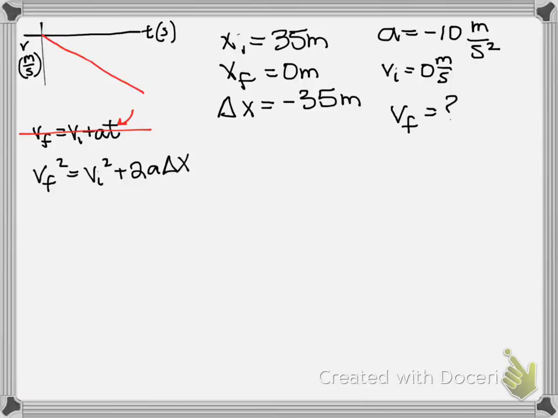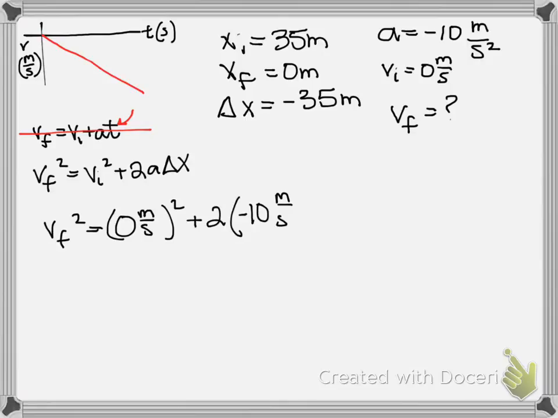Plugging in and chugging from this point forward, we get v final squared equals 0 meters per second squared plus 2 times -10 meters per second squared times a displacement of -35 meters.